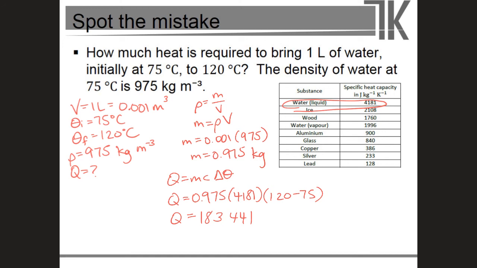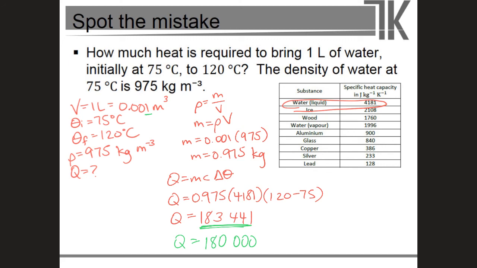So usually the first 2 mistakes that are spotted is someone goes, sig figs. Yeah, okay. Q equals 1.8. Well, technically we should just have 1 sig fig with that volume, but we'll use 2 because we should never round to 1. So Q equals 180,000.